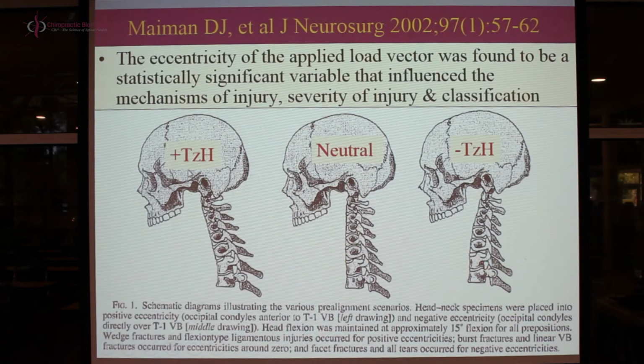And what they did is they configured the neutral position of the cadaver in 3 different scenarios. Number 1, the head forward. We call that positive TZH, or simply anterior head translation. Forward head shift. Then we have a neutral configuration, and then we have a translation of the spine posterior called negative TZH.